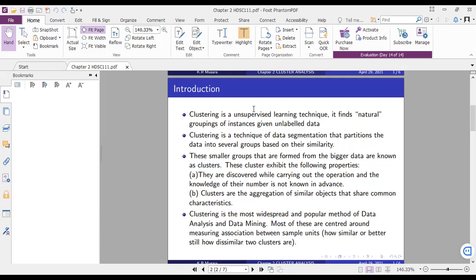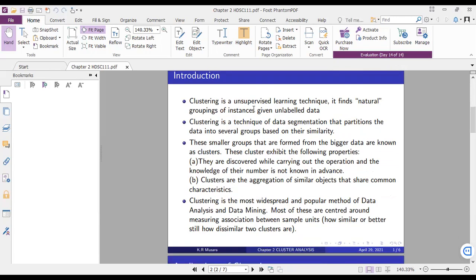Clustering is the most widespread and popular method of data analysis and data mining. Most of it is centered around the association between sample units and how similar, or better still, how dissimilar two clusters are.